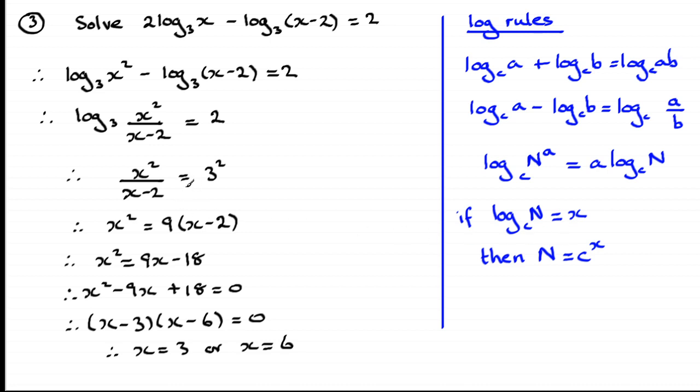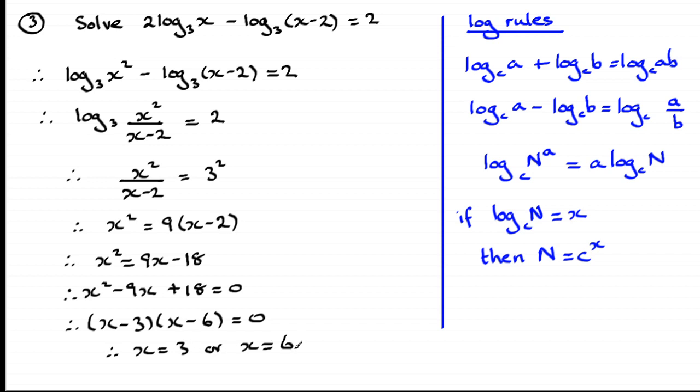So you've got the base 3 to the power 2 here, gives us our value here. This leads into a simple equation where I multiply both sides by x minus 2, and the 3 squared is the 9. Multiply out the brackets, see a quadratic looming up. Okay, so I need to rearrange it, make it equal to 0. This one factorizes, and x equals 3, x equals 6.